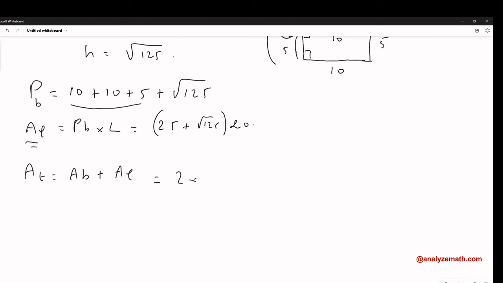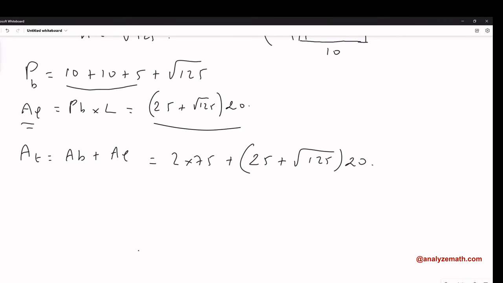That gives me 2 times 75 plus 25 plus square root 125, and all this multiplied by 20. Now, using a calculator to approximate the square root and all the sum, we get 873.6 centimeter squared. This has been rounded to the nearest tenth of a unit.